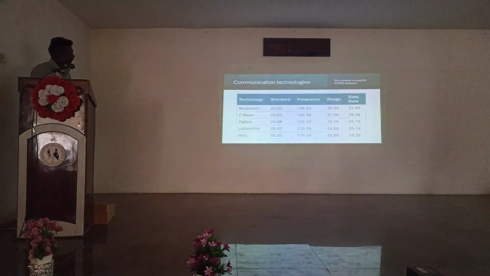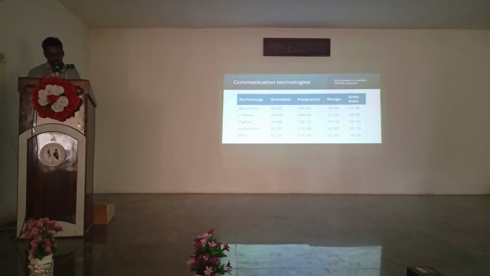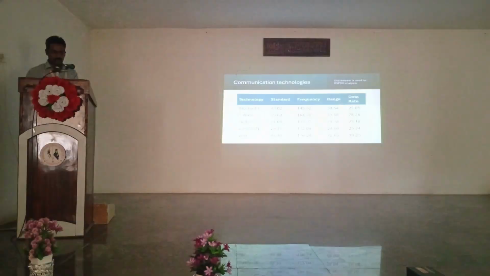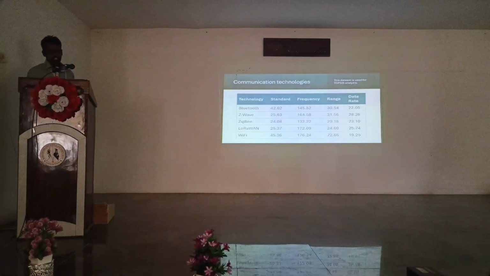Next, communication data set. This slide presents the data set used for the TOPSIS analysis. Each technology is evaluated using numerical values corresponding to the 4 criteria: standard, frequency, range, and data rate.